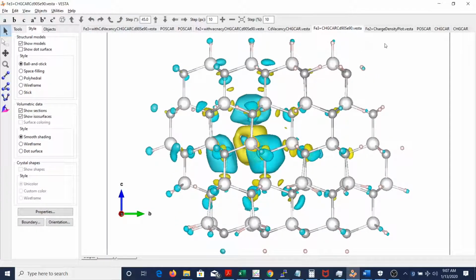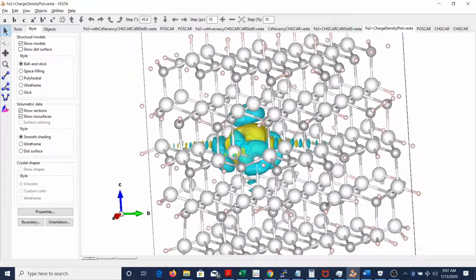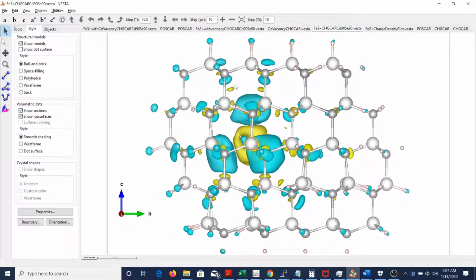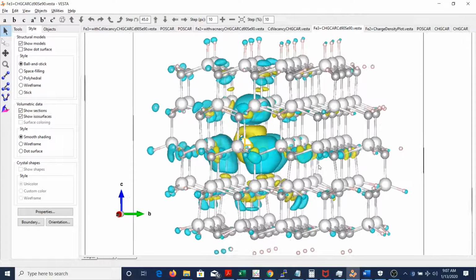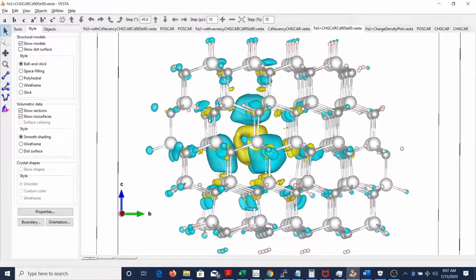Now, in the next case, Fe2+, one of the main differences, as you see, is the radius of the charge. The radius in which you see the difference in the charge densities around the ion is very small compared to Fe3+. In the Fe3+ case, it goes all the way around to these atoms, so the radius is this big, even for the slightest change.